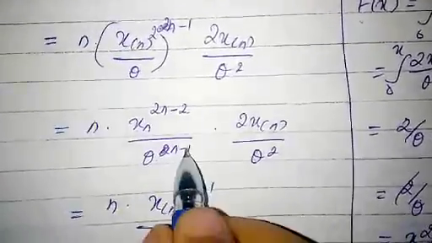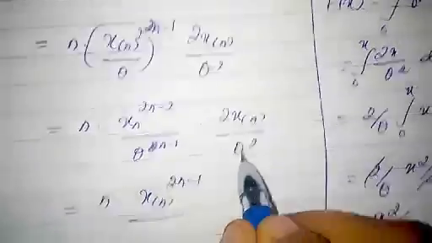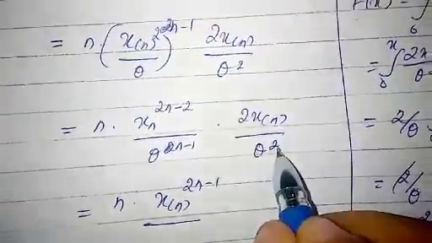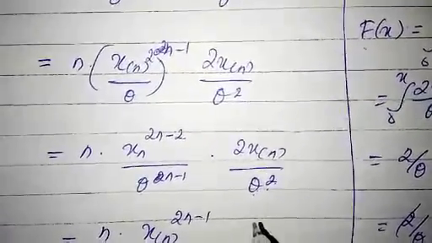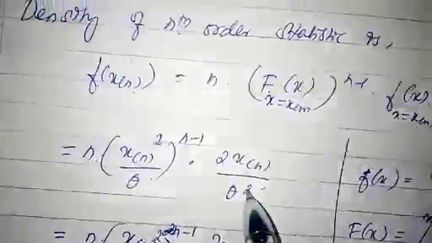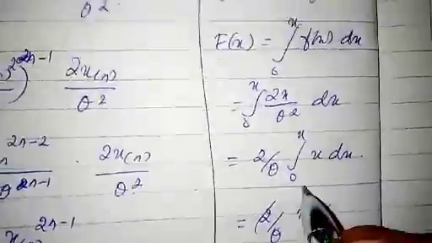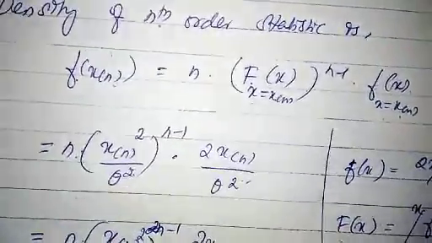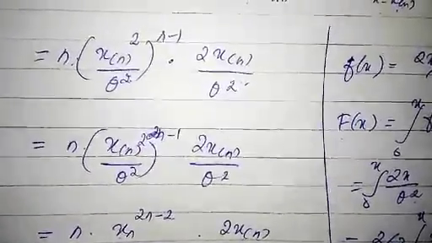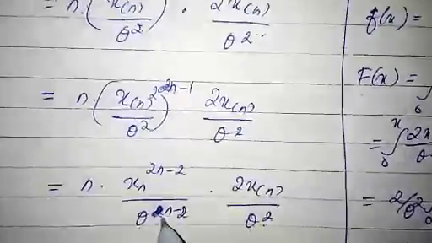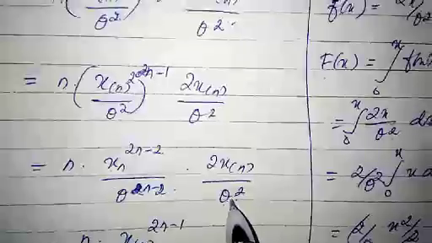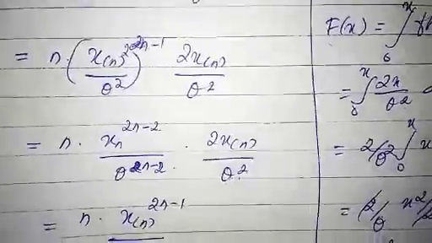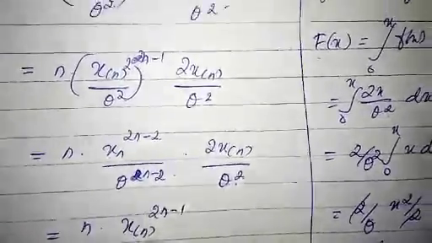Divided by theta power 2n minus 2 and also theta square, so we can write it as theta power 2n.